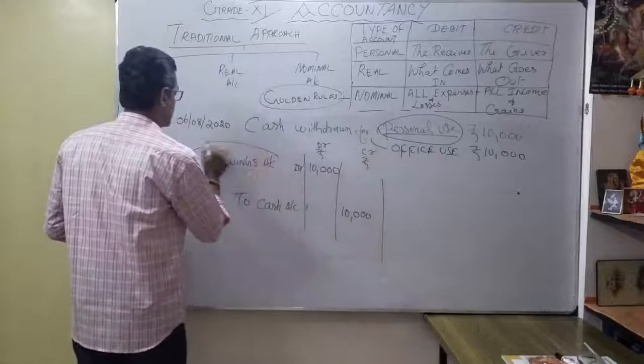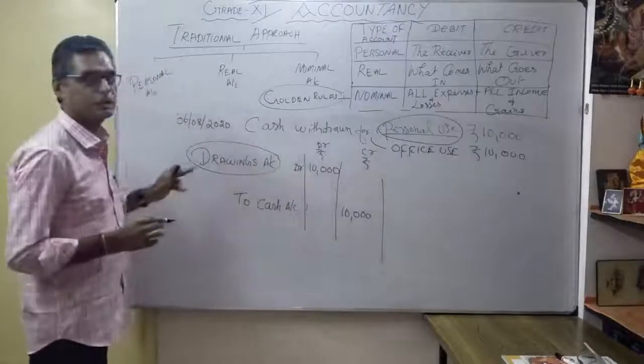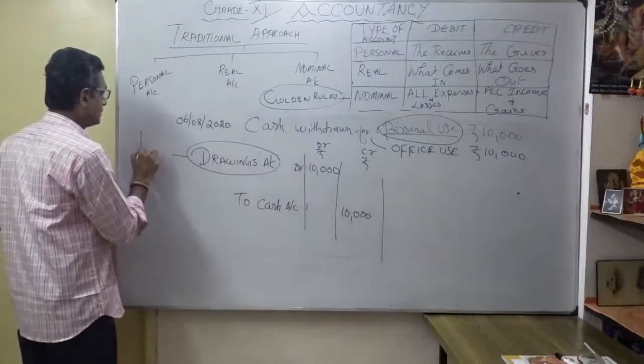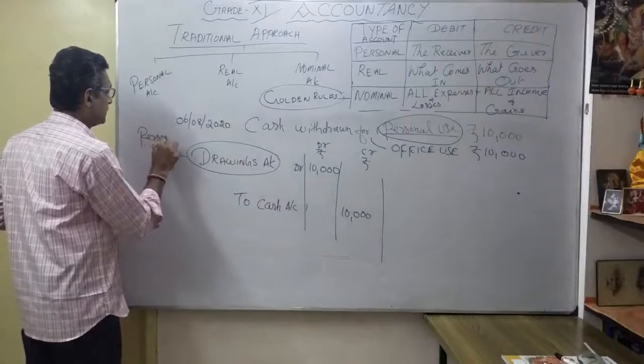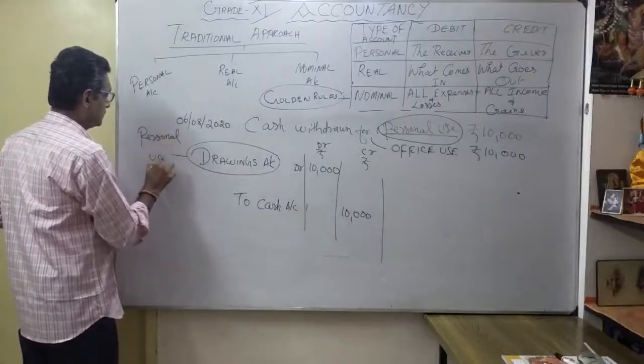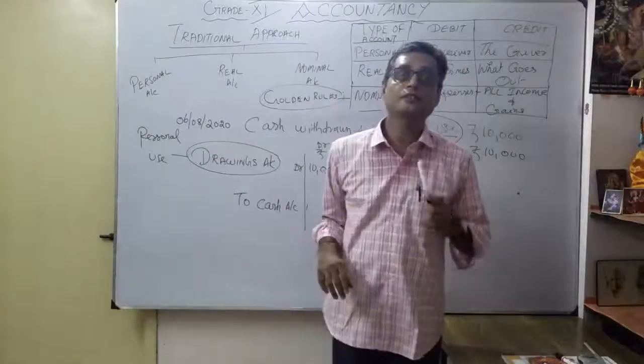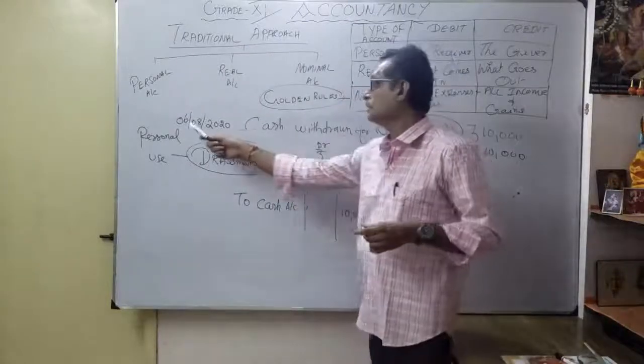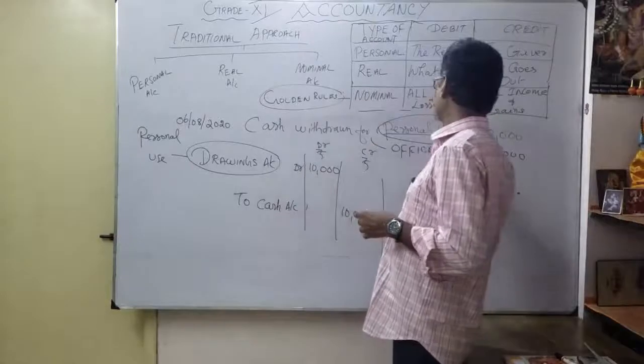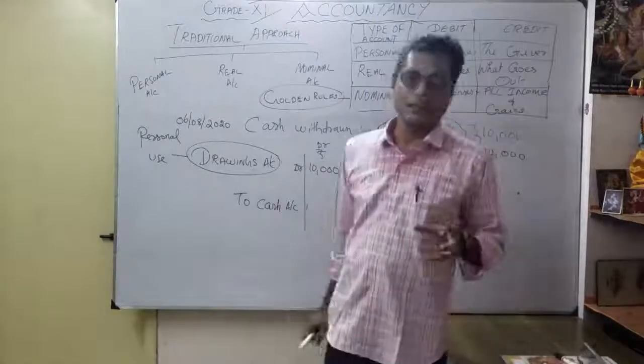Why am I debiting this drawings? Because it is coming under personal use, not for business purpose. That is very important when you read the transaction. This is called cash withdrawn for personal use, 10,000, not a business transaction.